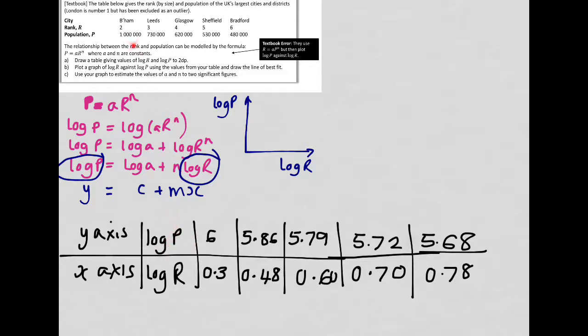So I've done the log of 1 million, which is 6, which is right because 10 to the power 6 is 1 million. And then I type in log of 730,000 and so on, filled in all of those, and then the rank, I've logged 2, 3, 4, 5, 6 and written those values in there.